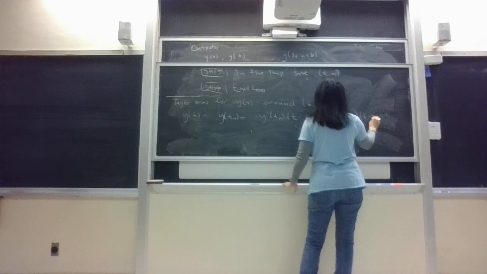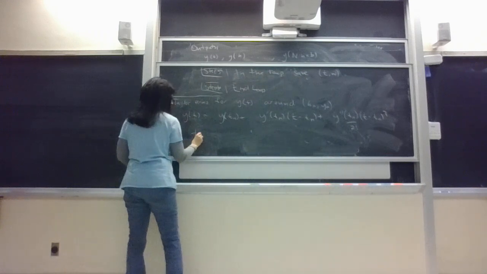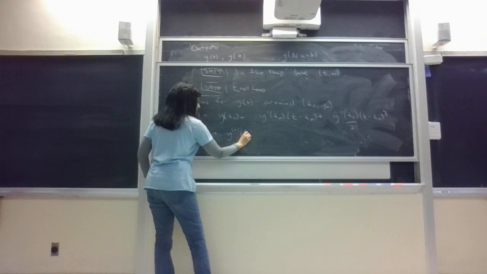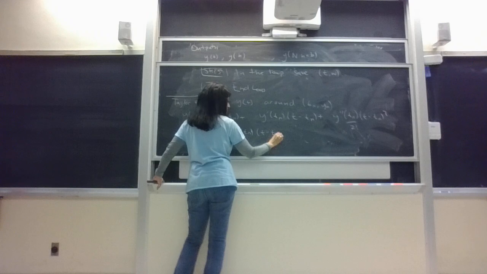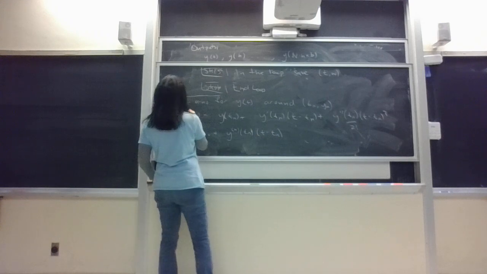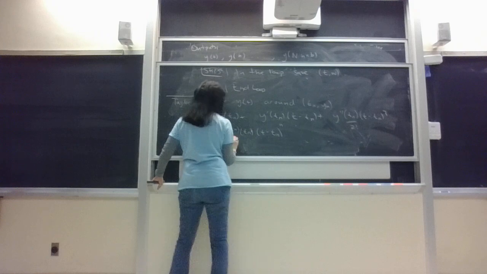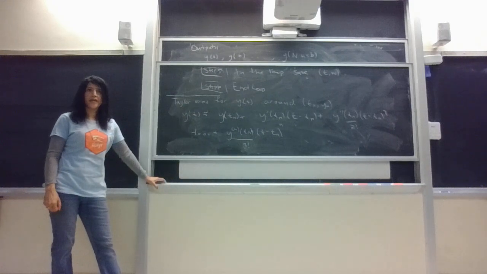It's because I know it. It's because I had to use it. I'm going to put approximation here. That's a Taylor polynomial of degree n.